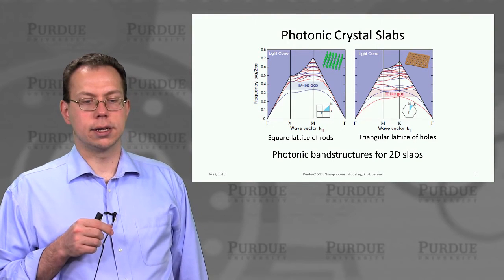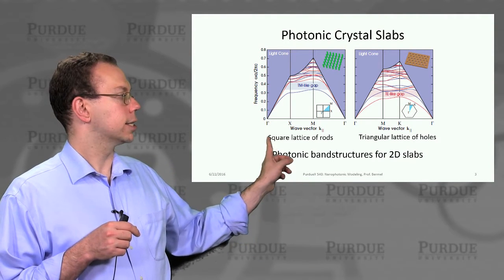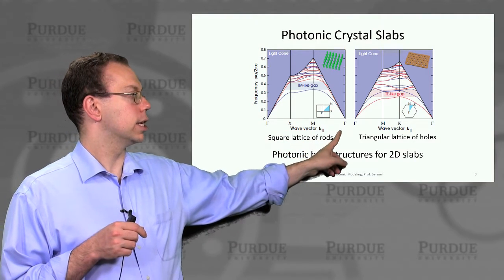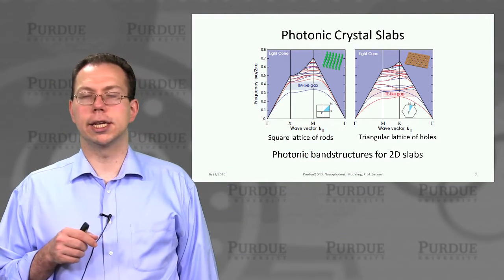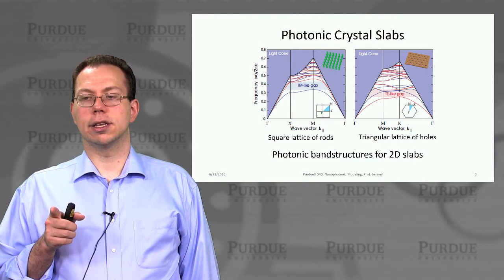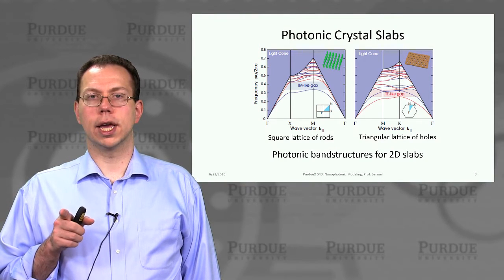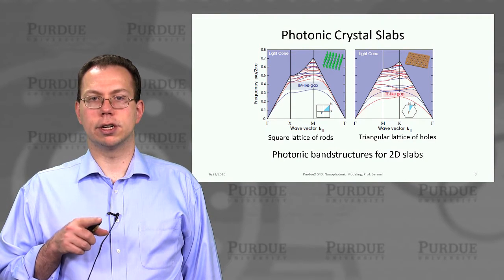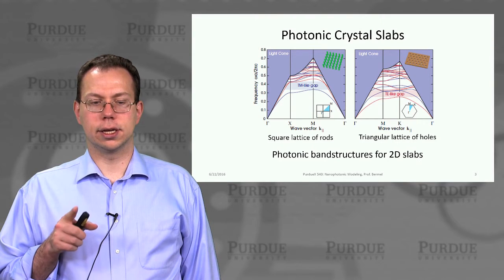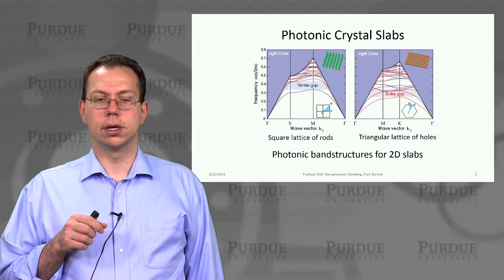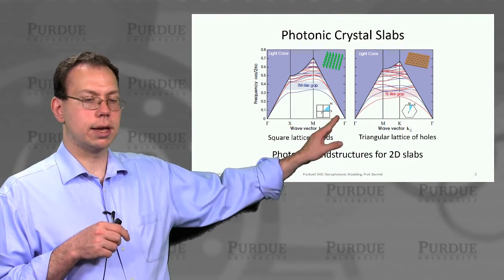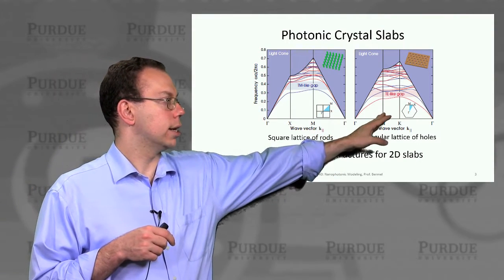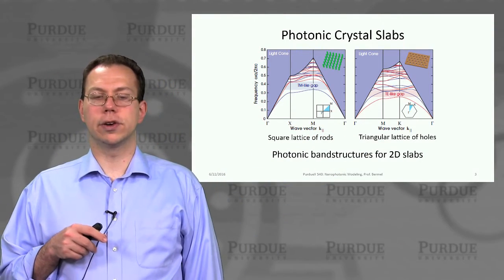But you can see that for the gamma to X line and then the M to gamma line, those are both straight lines that are adjusting the magnitude of the total K at the same rate that you're adjusting the K parallel, okay.